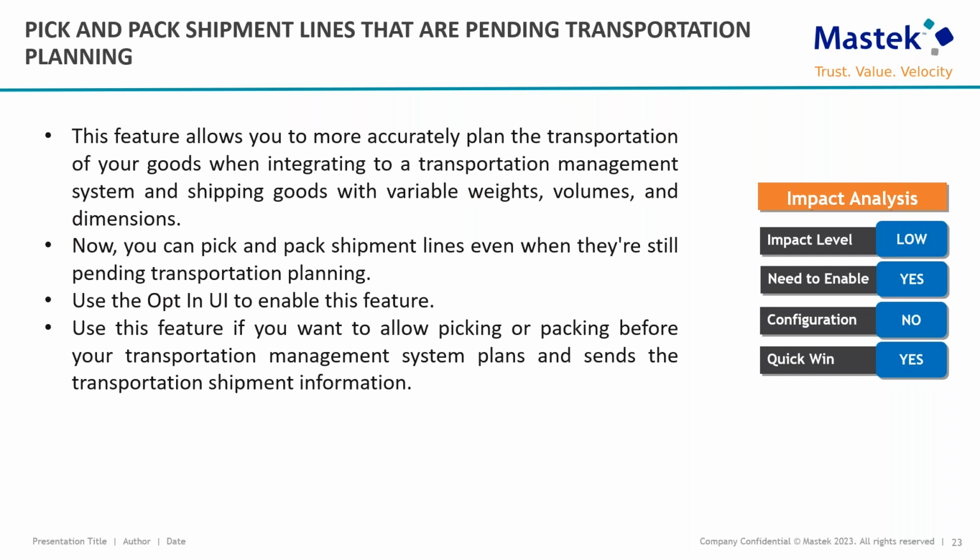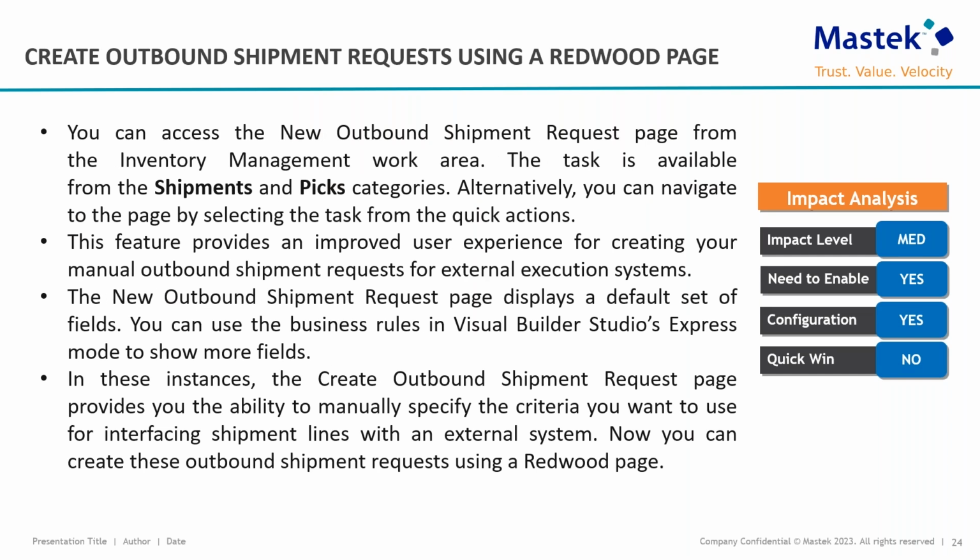Moving to the next one, that is create pick waves using the Redwood page. Here in warehouses and stock rooms, outbound fulfillment picks are usually created at regular intervals using the scheduled pick wave process. However, there are situations where you may need to create pick waves outside of the normal schedule also.